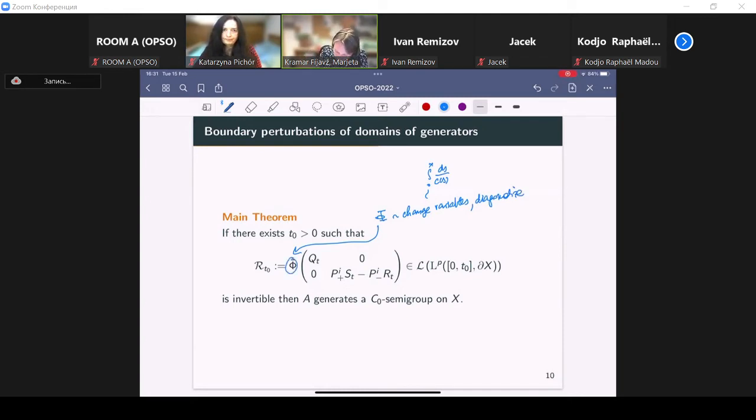And what are these guys here? These projections are the positive or negative parts. And here, these Q, T, S, T, R, T are actually the shift operators that are generated by the first derivative.